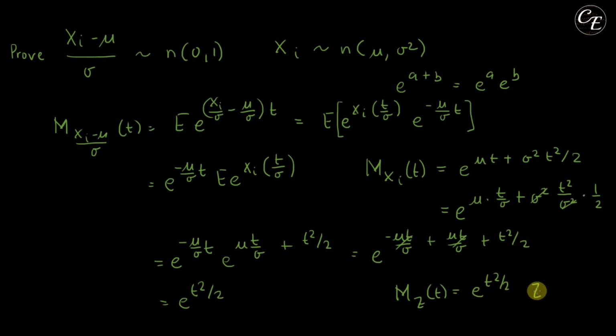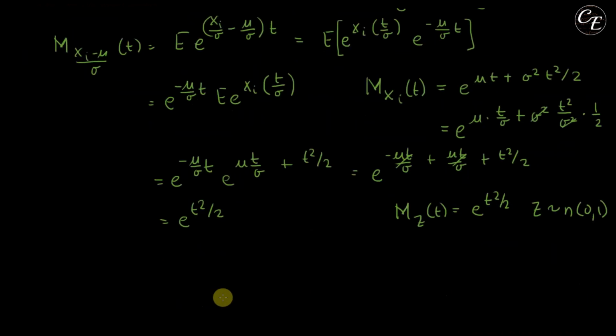So we have here Z has a standard normal distribution, and since if two random variables have the same moment generating function, they have the same distribution, then (x sub i minus mu) over sigma has the same distribution as Z, which has a standard normal distribution.